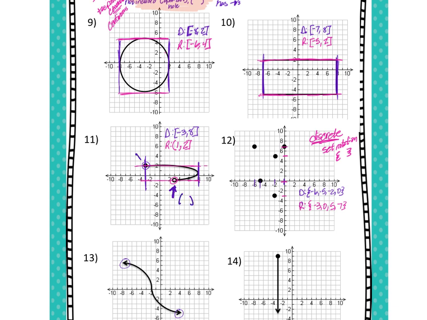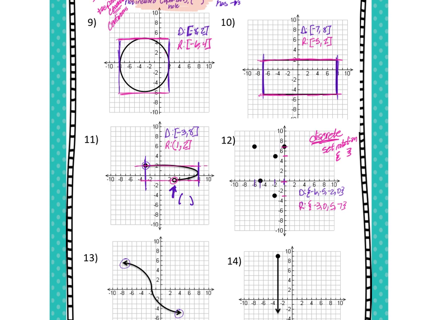If it's the furthest to the left, furthest to the right, lowest or highest, I'm going to use a parenthesis. If it's not any of those, I'm always going to use a bracket. That's the easiest way to put it.